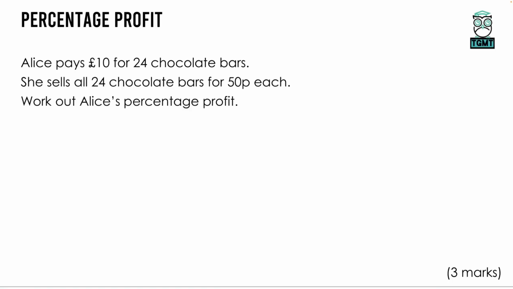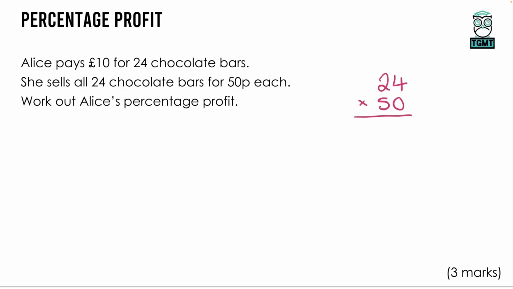We know she paid £10, but what does she actually sell them all for? Well, she sells 24 chocolate bars for 50p. So in terms of looking at this as an amount of profit, we need to first work out 24 times 50p. Now that's in pence, the other's in pounds, so it's completely up to you whether you turn that into pounds first, but I need to do 24 times 50. Now you might know what that is already.